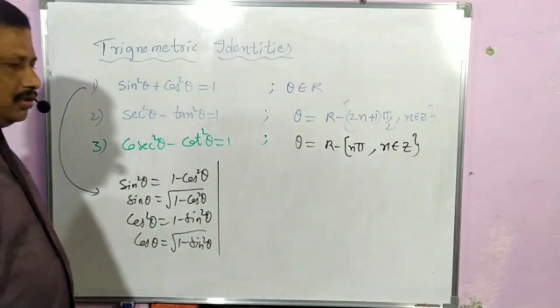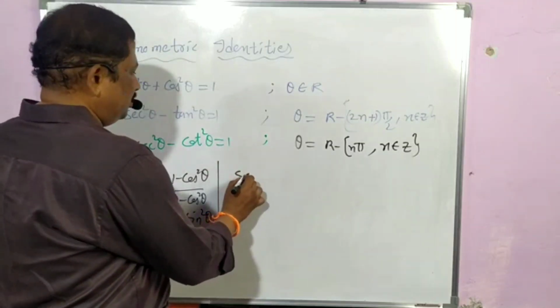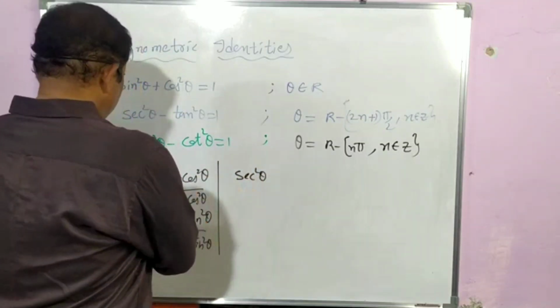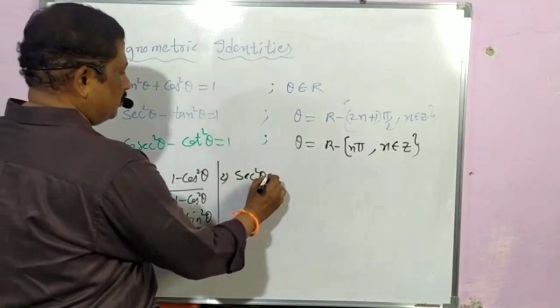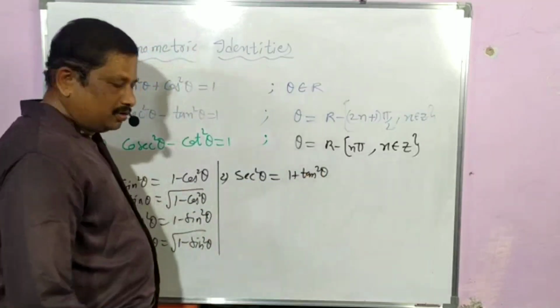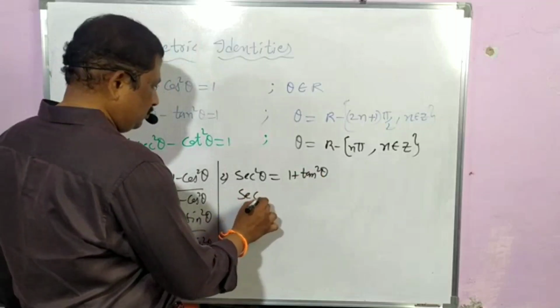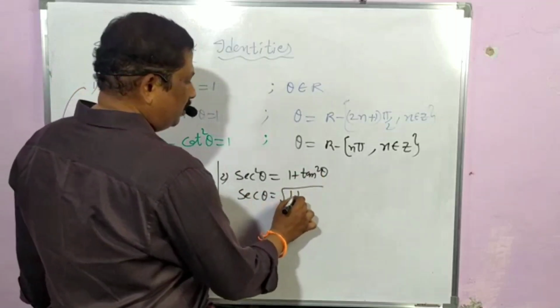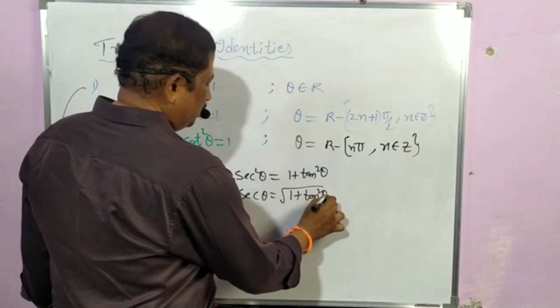Next, secant square theta is equal to 1 plus tan square theta, and secant theta is equal to under root of 1 plus tan square theta.